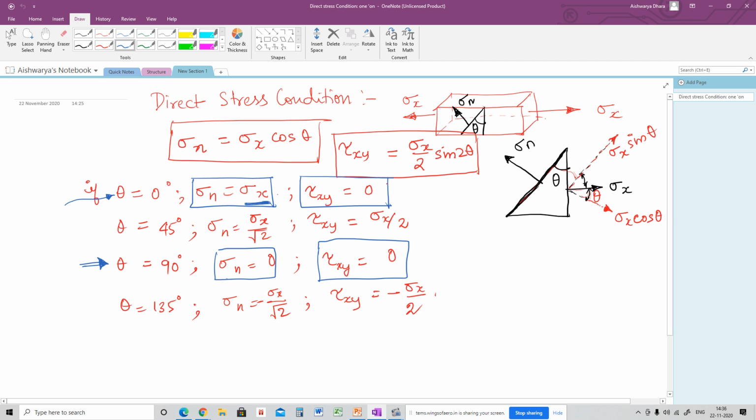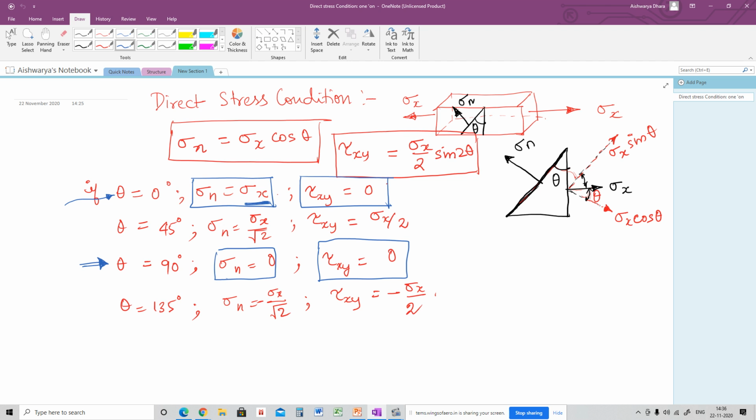To obtain the principal angle for a direct stress, at what angle will we obtain the principal plane in a direct stress condition? 0 and 90 degree. 180.